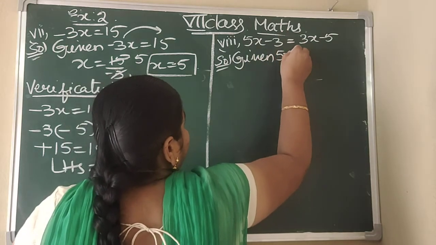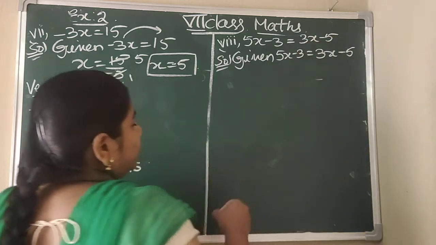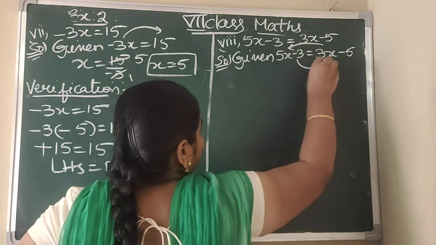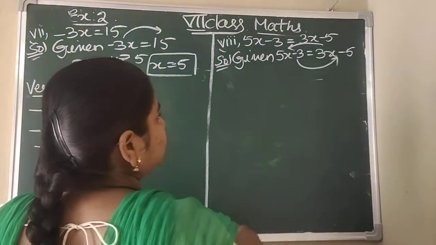Given 5x minus 3 is equal to 3x minus 5. In this case I am bringing this 3x to this side and sending this minus 3 to the other side. So that plus 3x will become minus 3x and minus 3 will become plus 3 there.